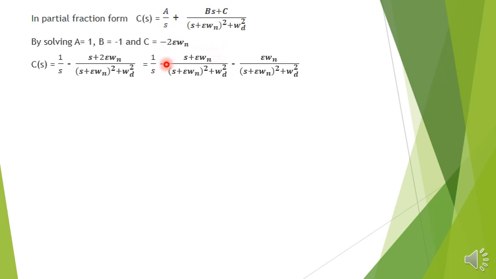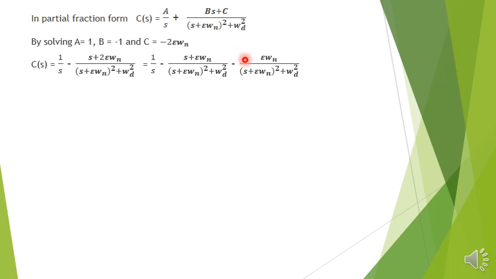We know the Laplace inverse of this is e to the power minus zeta omega n t cos omega d t. In general, s plus a divided by s plus a whole square plus b square gives e to the power minus a t cos b t.